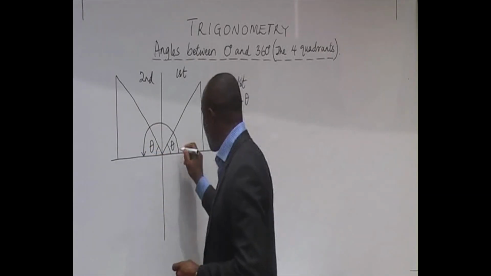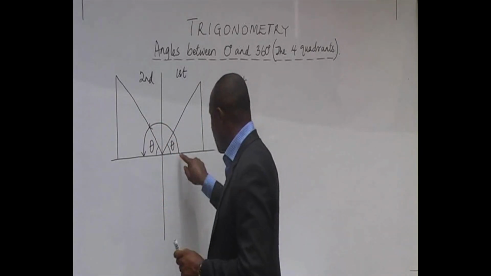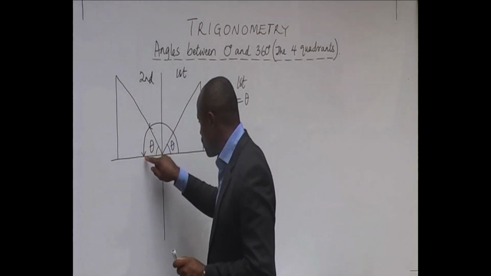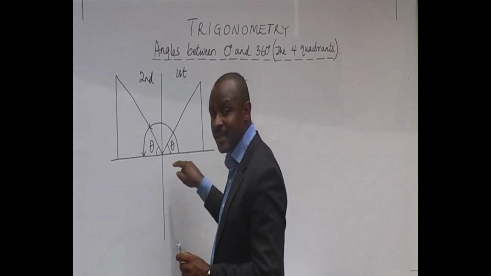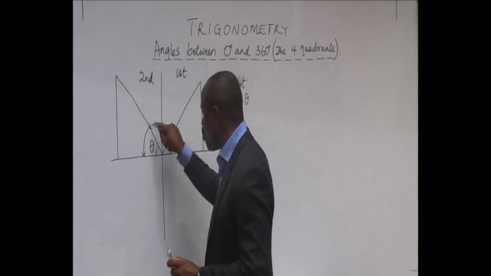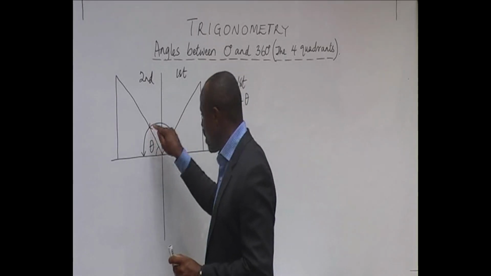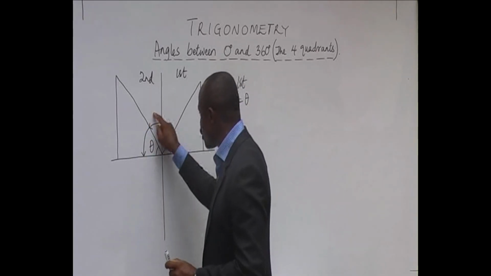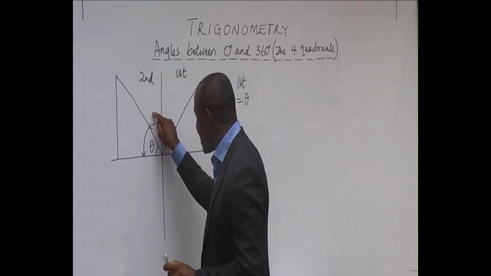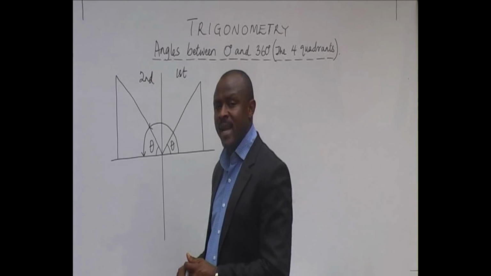minus the angle from here to here. The angle from 0 through this place, which is the angle on a straight line, which is 180, minus the angle from here to wherever the angle stopped in the second quadrant. It may be this place, it may be this place. Wherever it stops, subtract its angle from the complete angle of 180.